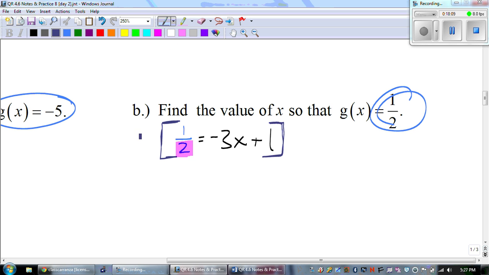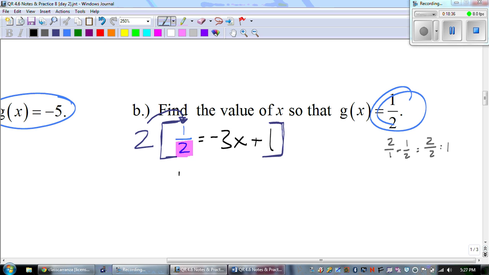So if we multiply everything by 2, I can cancel the 1/2. So 2 times 1/2, what's half of 2? If you don't know that off the top of your head, do it off to the side. 2 times 1, 2. 1 times 2, 2. 2 divided by 2, yeah, 1.